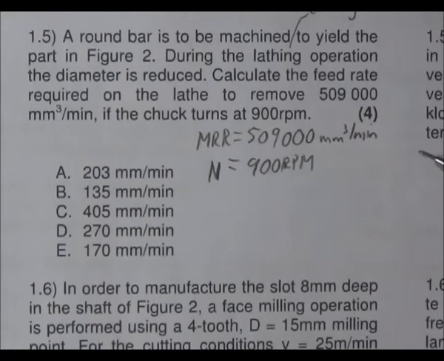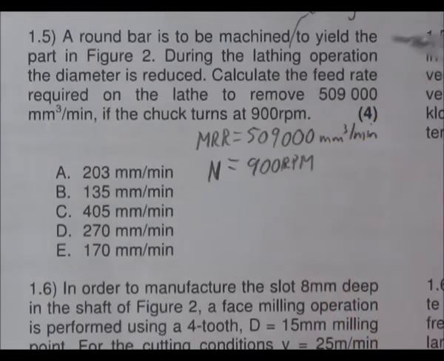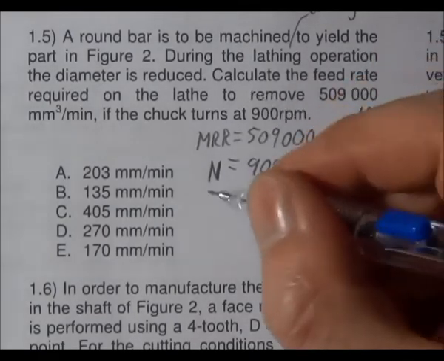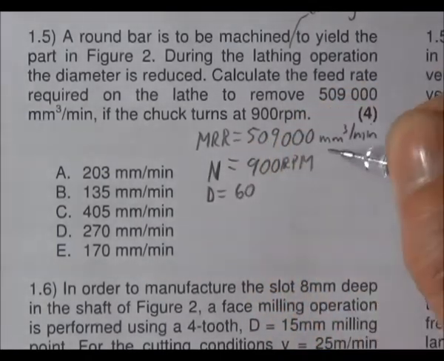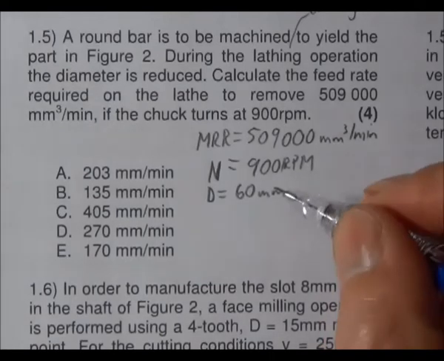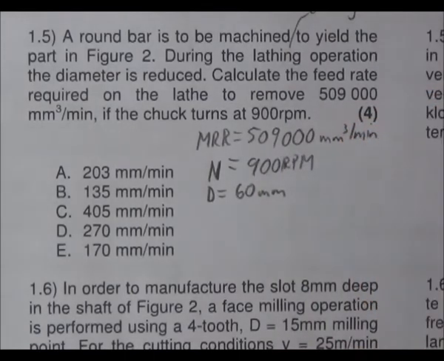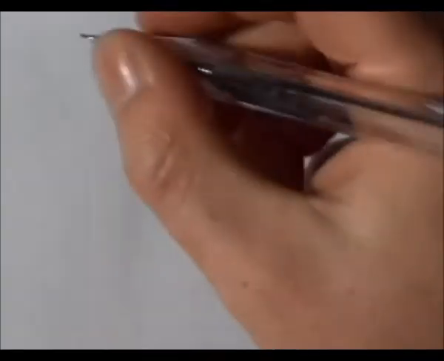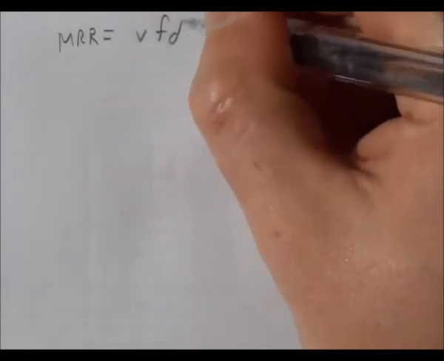My big diameter was 60, so that's the one we use for our equation. So D is equal to 60. And now we can start calculating. We have our material removal rate equation, which says MRR is equal to V F d.